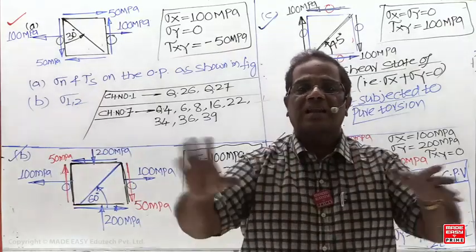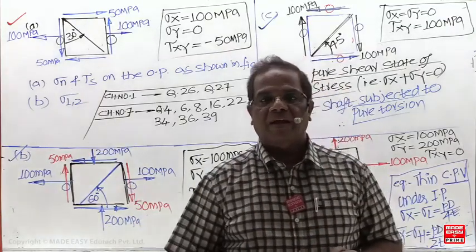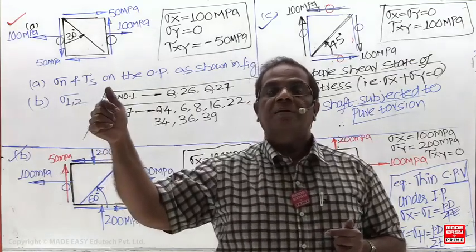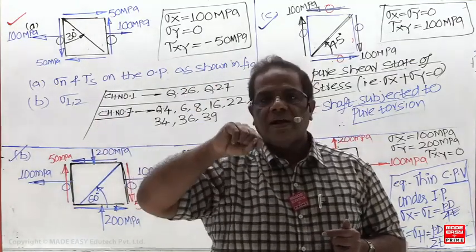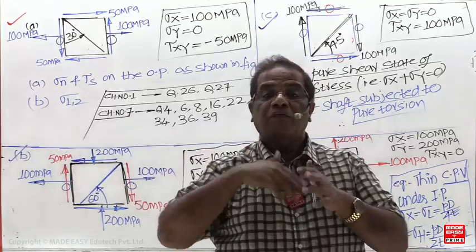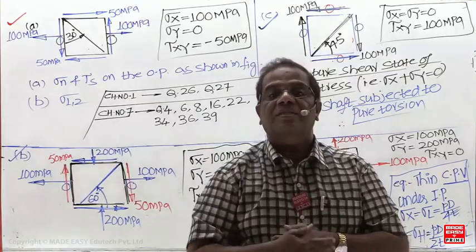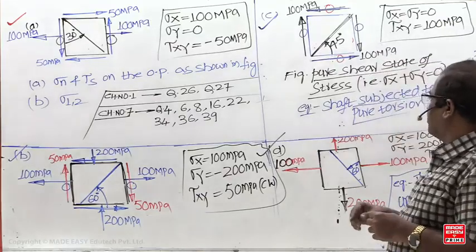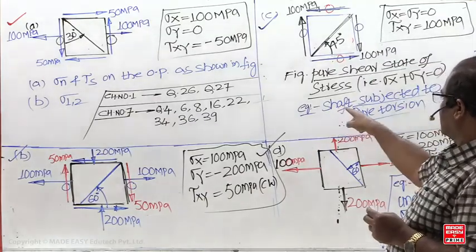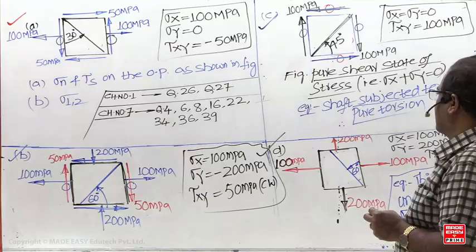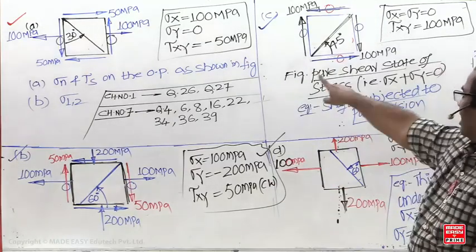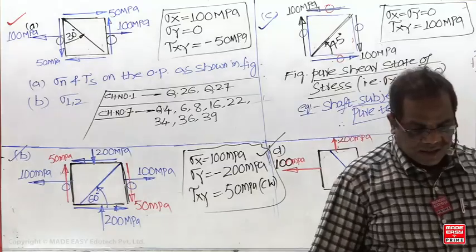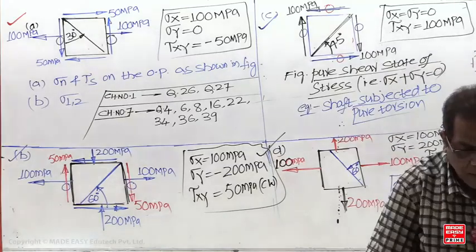Tomorrow we are going to discuss the loading concept, how to find sigma x, sigma y, tau xy. So try to complete these 10 questions as well as the 8 questions here. Almost 18 questions are there that you complete now.